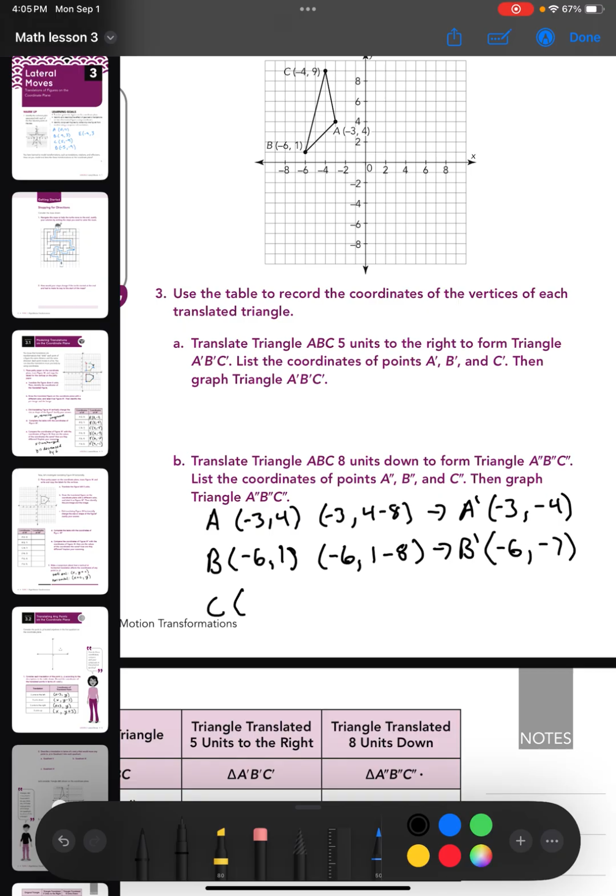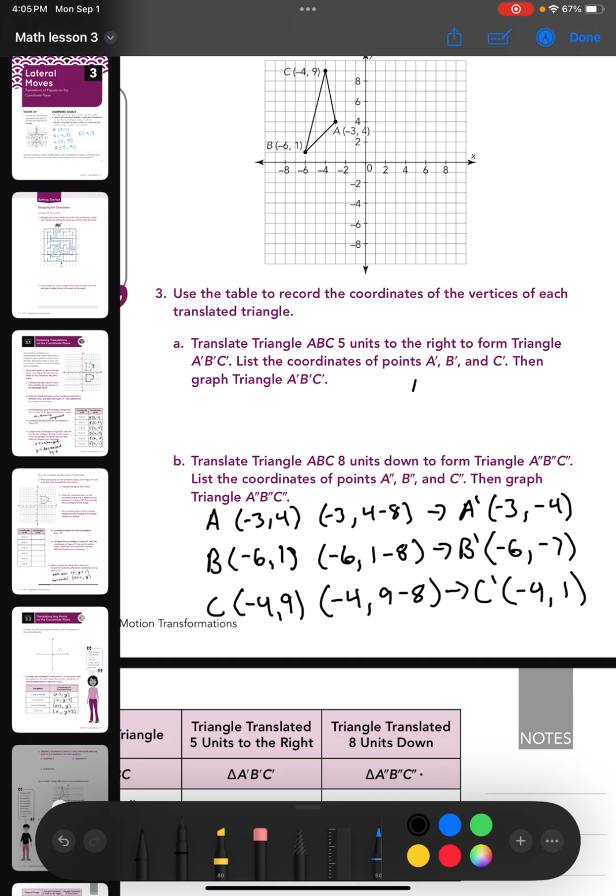And then for C, the original C is at -4, 9. X is unchanged. Y is going to go down by 8. So 9 minus 8. Our new C is at -4, 1. So that's the process we're using with the translation down to fill in those points.